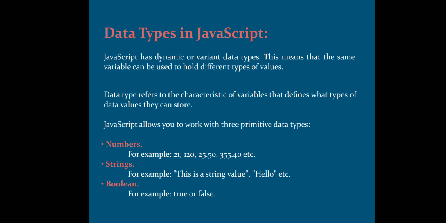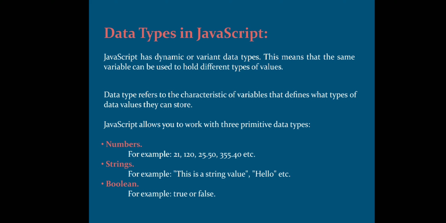So JavaScript has three main primitive data types. Primitive means built-in data types. Numbers constitute both integer and floating point. Unlike C++, where we have separate divisions for integer and floating point, here we consider everything as one category, numbers. So when I say numbers, it can hold either an integer or a floating point number.